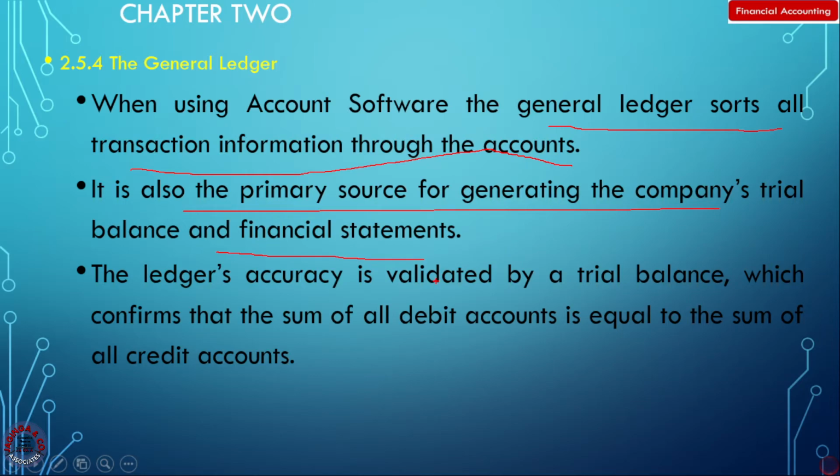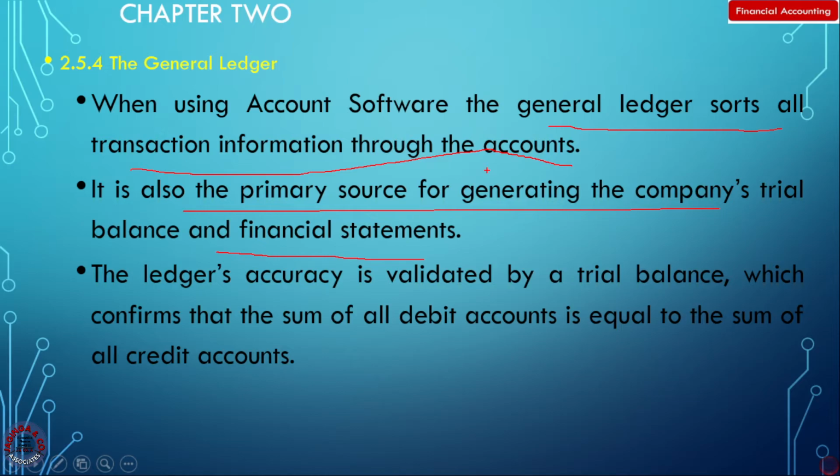Earlier we said that accounting is a process, and it starts from the source document to journals. Then from the journal it goes to the ledger, from the ledger it goes to the trial balance, and from the trial balance we can generate financial statements. So before we come up with the trial balance, we must have a general ledger, made up of general ledger accounts.